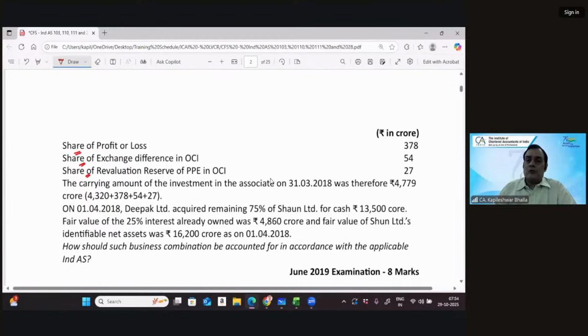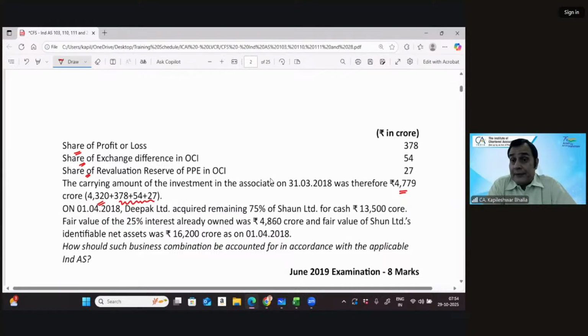The carrying amount of the investment is 4779. To the cost of 4320, he's added the share in the profits and added the share in the OCI. So indirectly, the equity method of accounting is being given in the question, where every subsequent accounting investment got a debit and the corresponding credit in the P&L or the OCI.